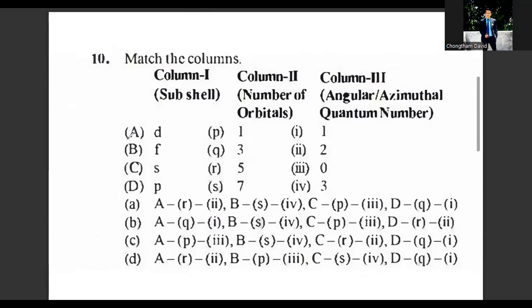So looking at this, you have this relationship. I'm going to match this relation with A. That is, A should be Q, and this should be matched with 1, right? Then B, f would now be linked with S, where the number of orbitals is 4.